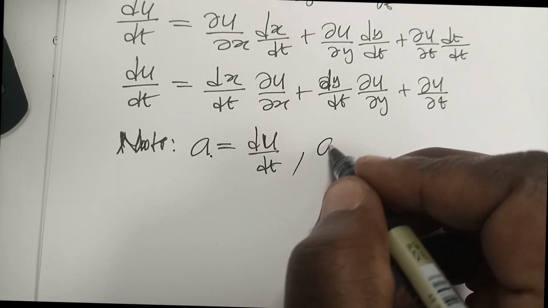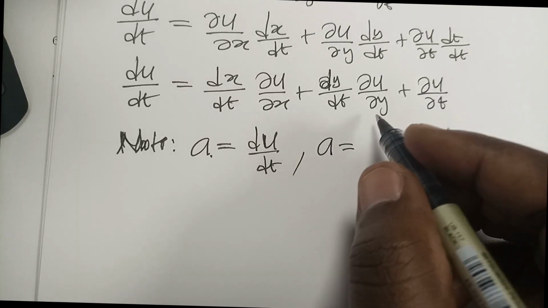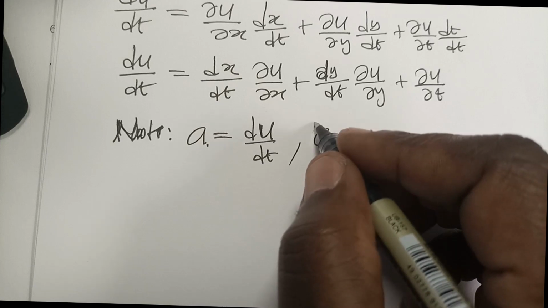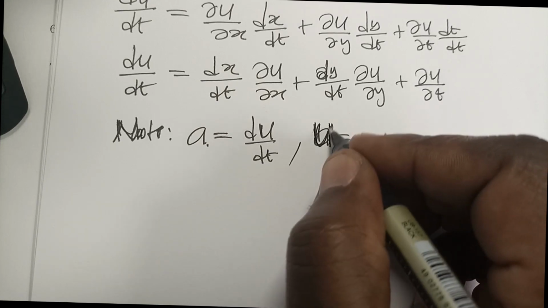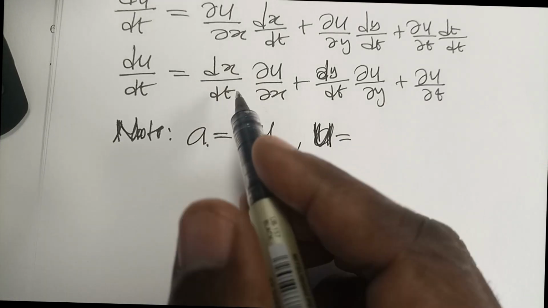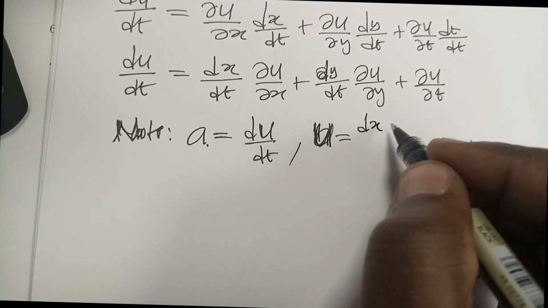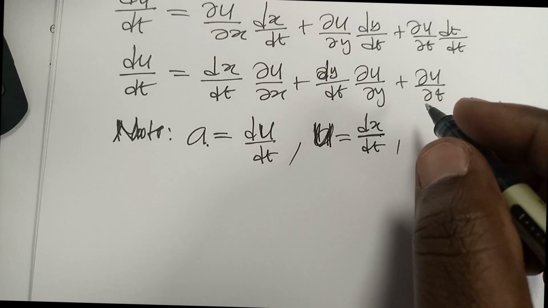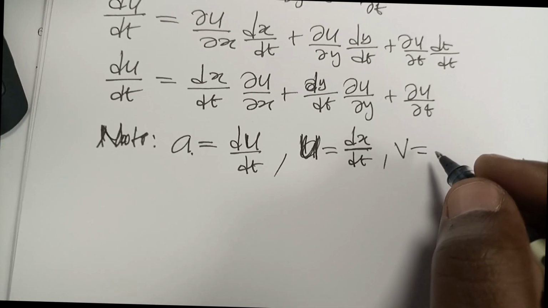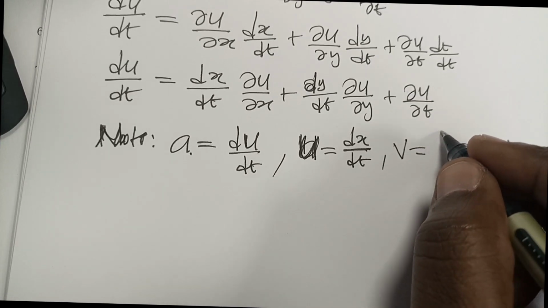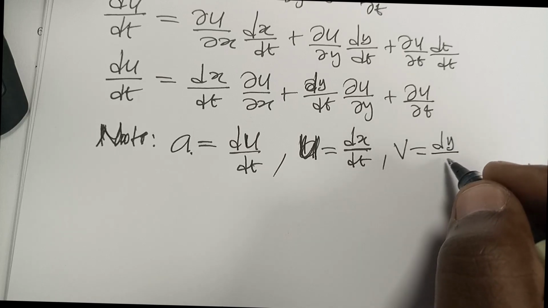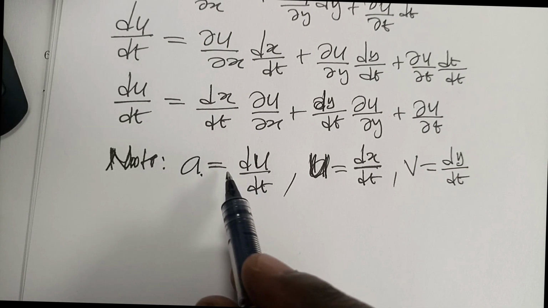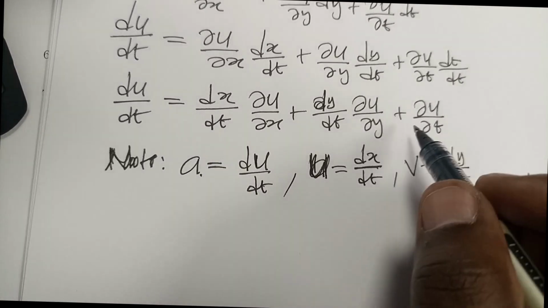We can also describe the velocity along the x-axis by the change in x with respect to time. Also, the velocity along the y-axis can be found by the change in y with respect to time. So we can now substitute these in this equation.